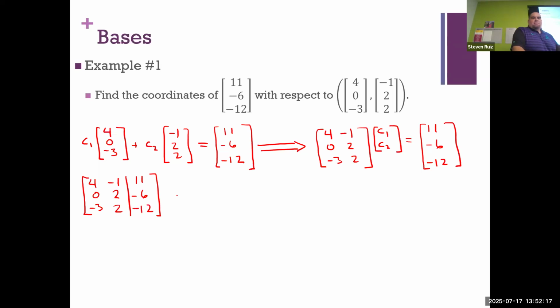Yeah, I mean that's what's going to happen here. If I think about up here, if you can see where my cursor is, if I multiply each row by each column, I'm going to get 4C1 minus C2 equals 11. Or 2C2 equals -6.